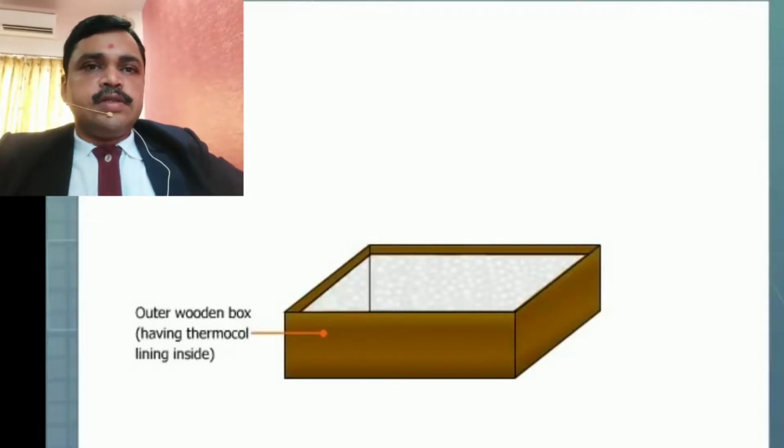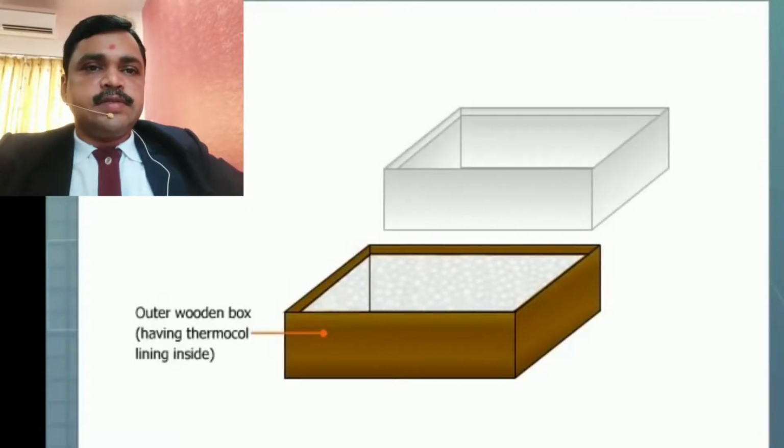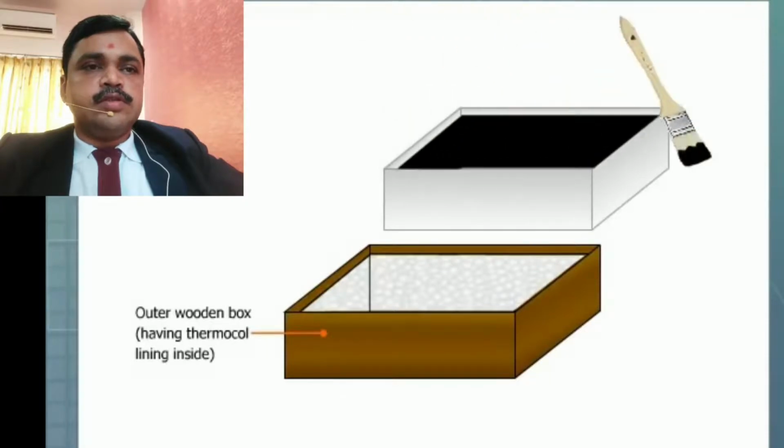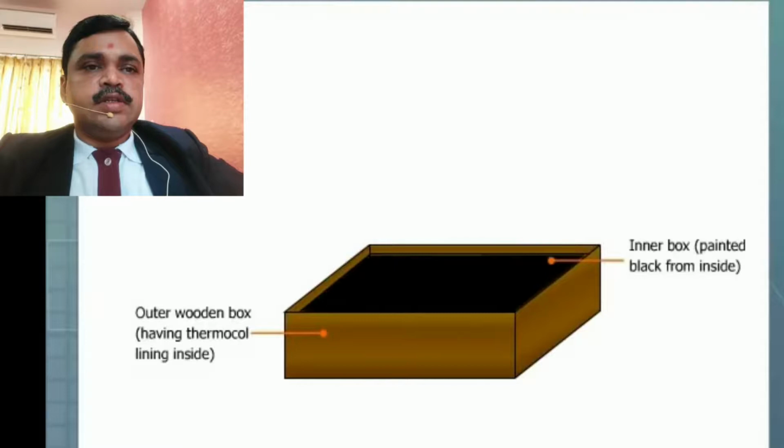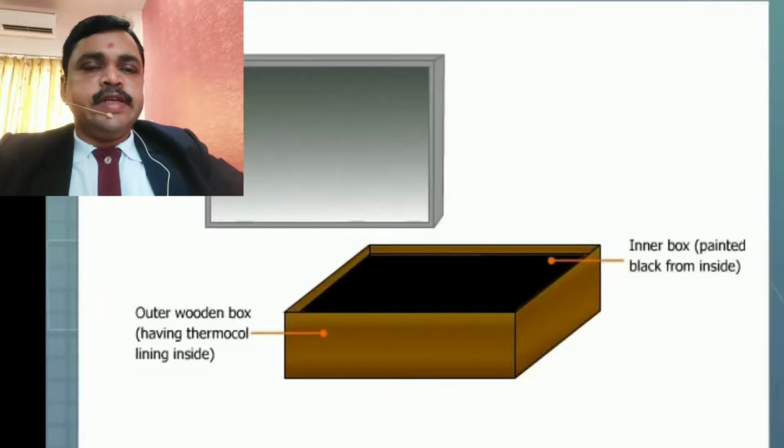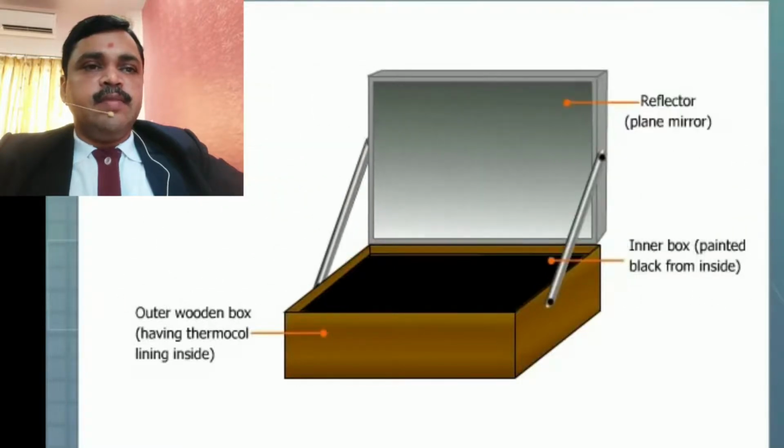Solar cooker, construction of solar cooker: wooden box, aluminium box which is blackened inside.